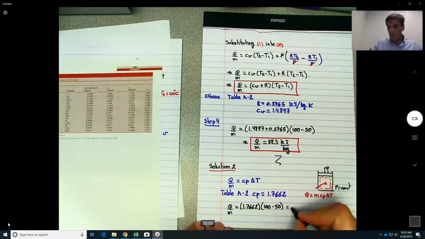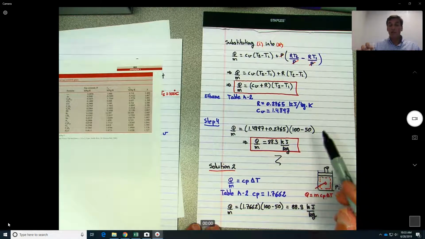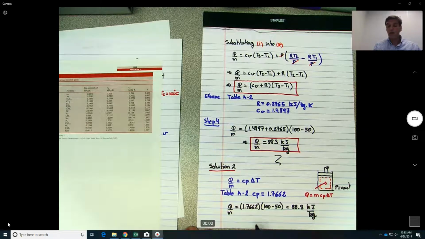So we'll get the same result, 88.3 kilojoules per kilogram. Okay, if you decide to do it this way, you still need to go through steps 0, 1, 2, 3, and 4, but here I think it will be a little bit repetitive. All right, thank you for your attention.